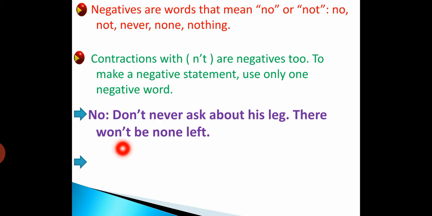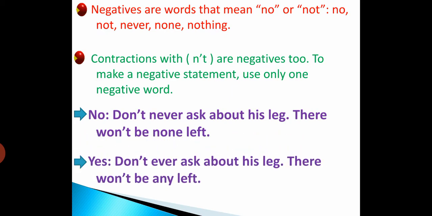Yeah, won't and none. I can change one of these two negative words to make the sentence negative, like, there won't be any left. Or I can say, there will be none left. Can you see? Don't ever ask about his leg, or there won't be any left.